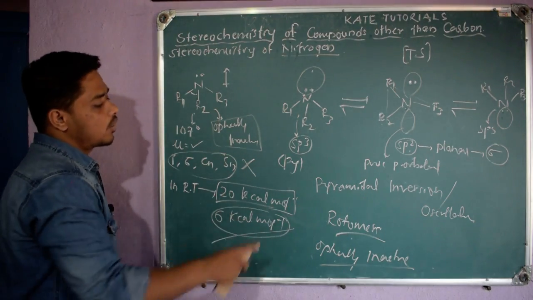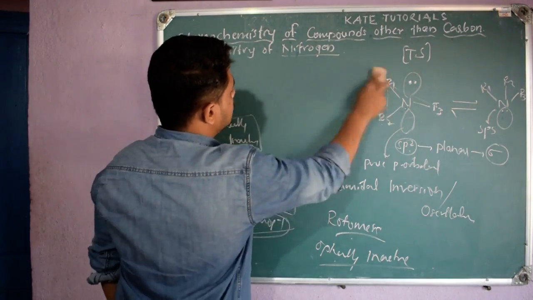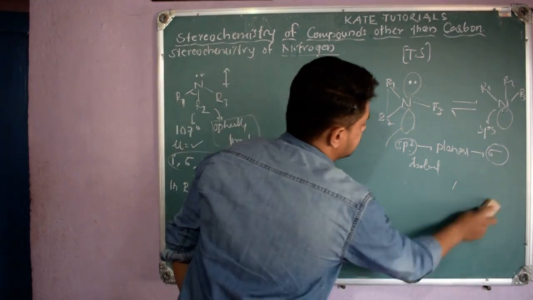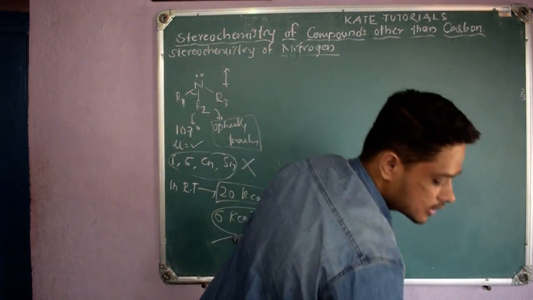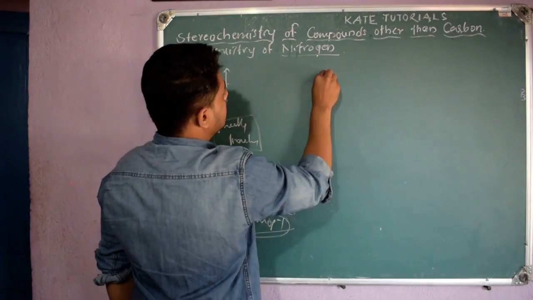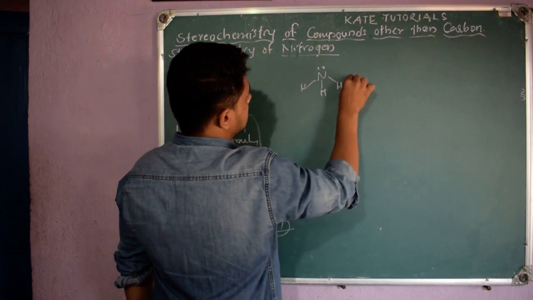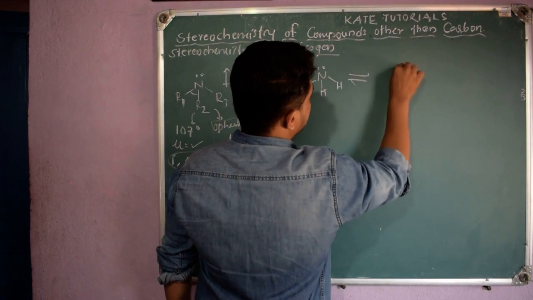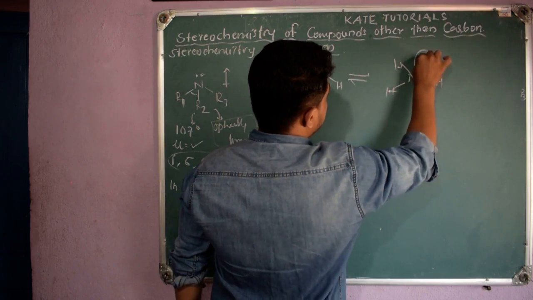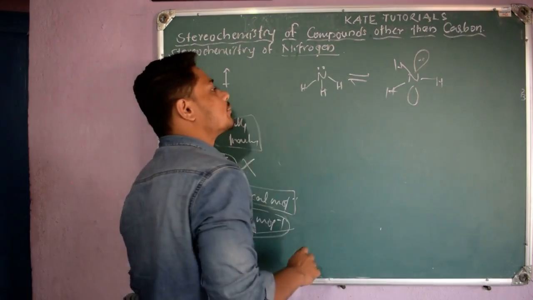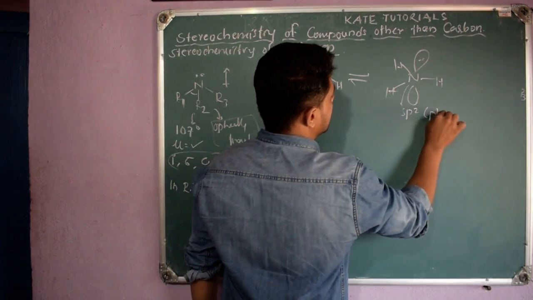So you will ask, sir, how to stop this pyramidal inversion? Yes, there are ways to stop the pyramidal inversion. See, if I take this NH3 molecule, it will become planar, and these electrons will be in a pure p orbital, whereas this hybridization is sp2 and it is planar.